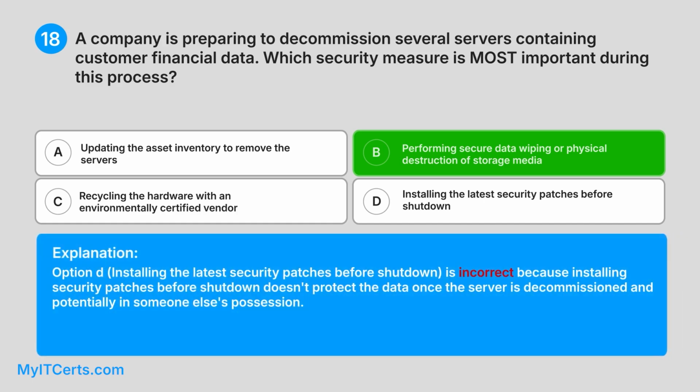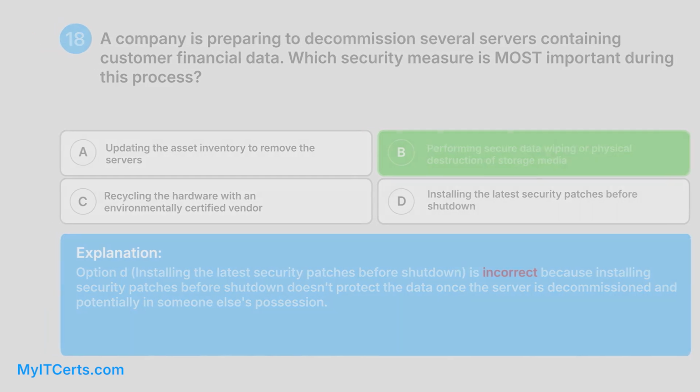Option D, installing the latest security patches before shutdown, is incorrect because installing security patches before shutdown doesn't protect the data once the server is decommissioned and potentially in someone else's possession.